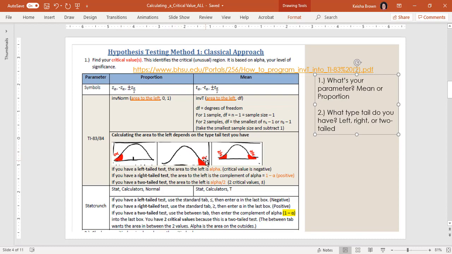If you have a right tail test, that tells you that alpha is on the right hand side, in which case your symbol is going to be positive z sub alpha if it's a proportion problem, or positive t sub alpha if it's a mean problem.